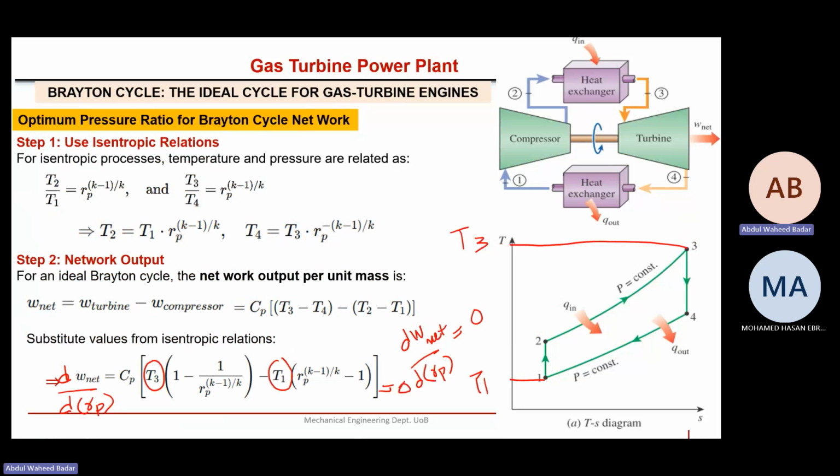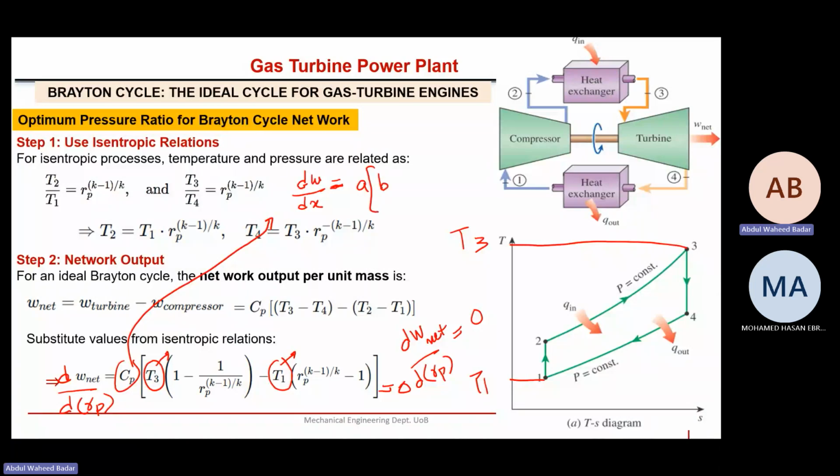Okay. So this T3 is a constant, T1 is a constant, and CP is also a constant. So it is actually d of W with respect to dx is equal to a constant A into another constant B.